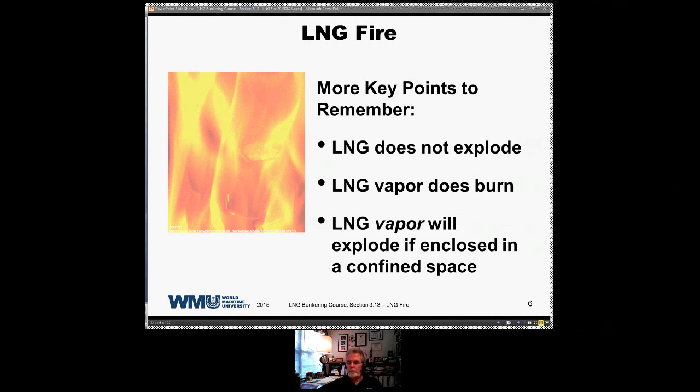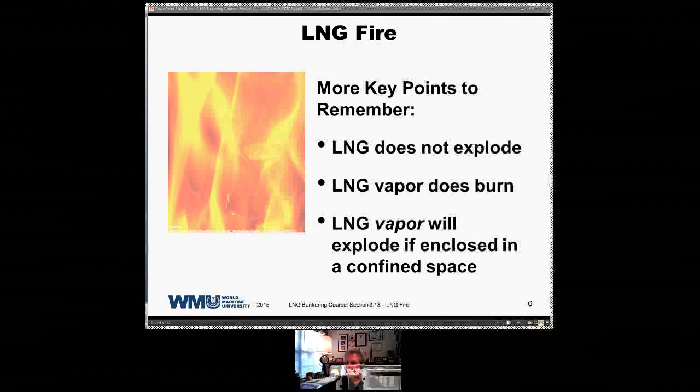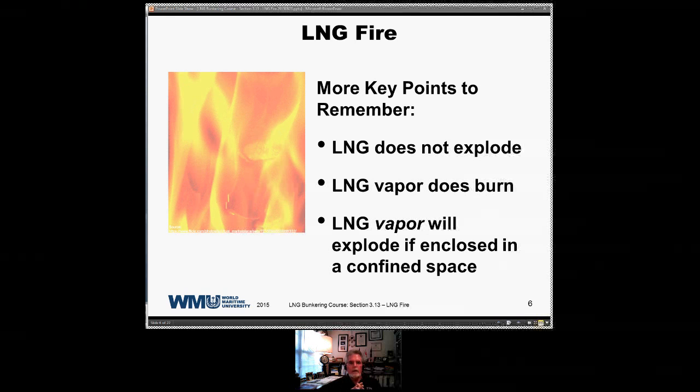Somebody flicked a light switch, lit the stove, or lit a cigarette, something of that nature. And if they are within that 5 to 15% range, and it's a confined space, you will have an explosion. But it's the vapor that explodes, not the LNG. It's the vapor that burns, not the LNG.